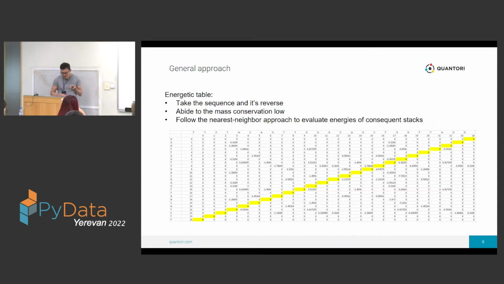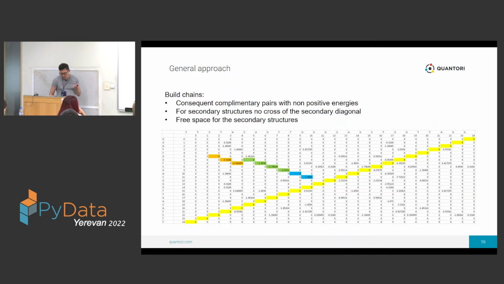So as soon as this energetic table is built based on the nearest neighbor tables, we analyze that energetic table and see what are the chains presented in that table. So we can see, for example, this one or this one. Those are the chains, right? The sequences of letters which are complementary or partially complementary.